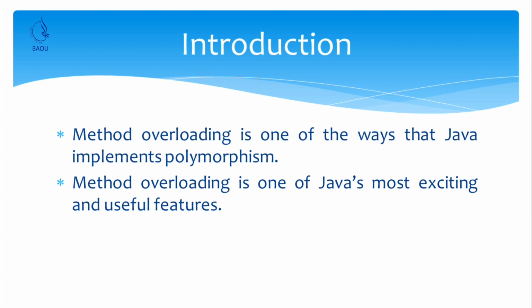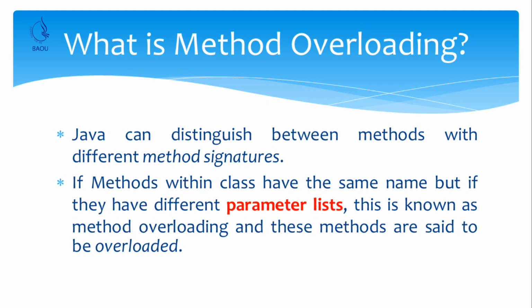Now, we define what method overloading is. Java can distinguish between methods with different method signatures. The prototype for a method is called its signature in Java.